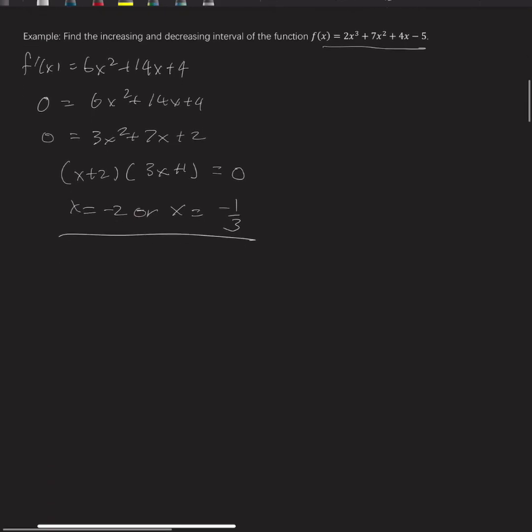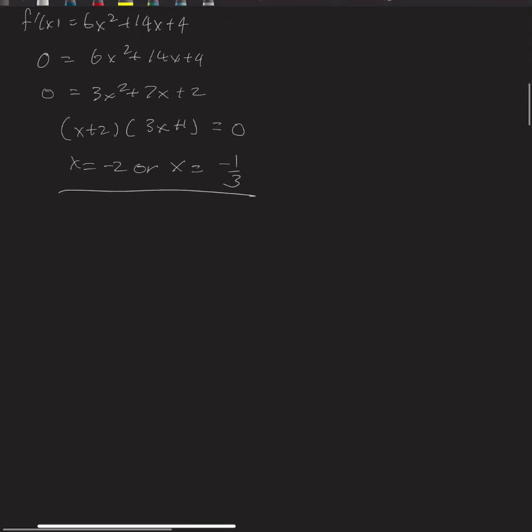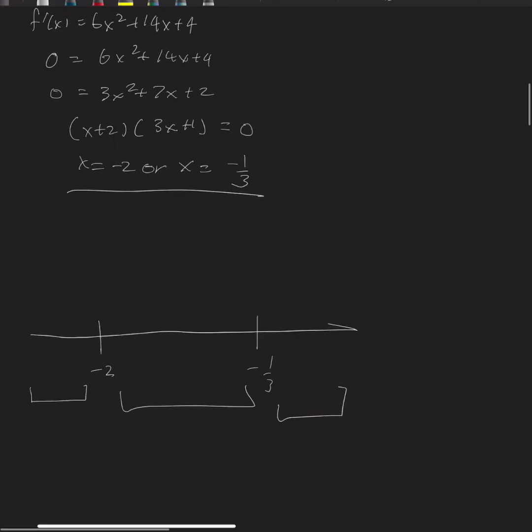And let's see over what interval the function is increasing or decreasing. So what we're going to do, I'm going to create a graph here. It has 2 points, -2 and -1/3. We're going to analyze all 3 intervals and see if the derivative is positive or negative. So let's say a random number that's less than -2.